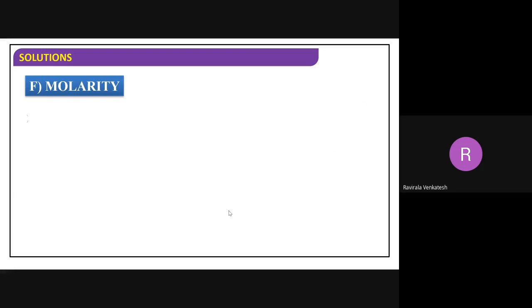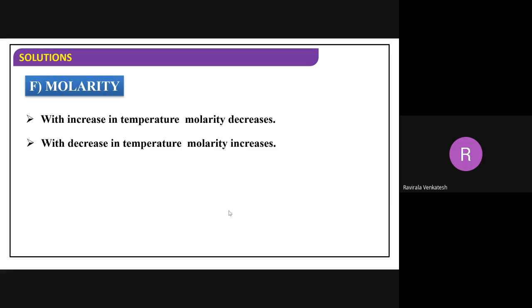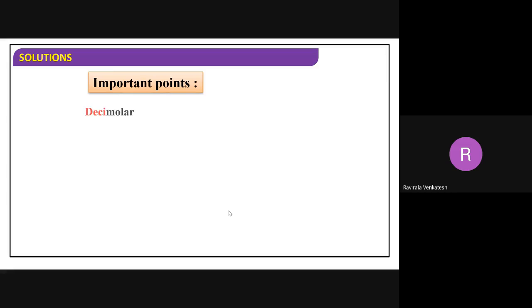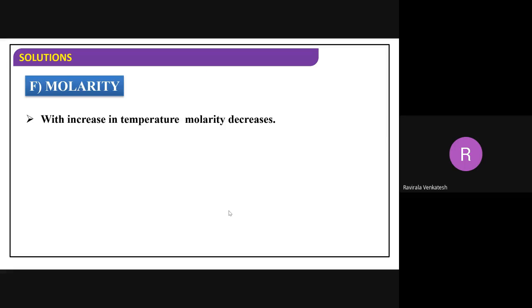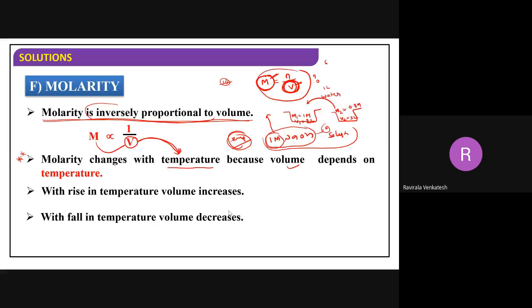Now, if I observe what happened, just a minute. Container I am taking here. Charles law, tell me, beta. Anybody knows Charles law?